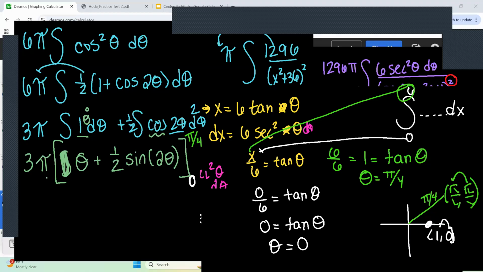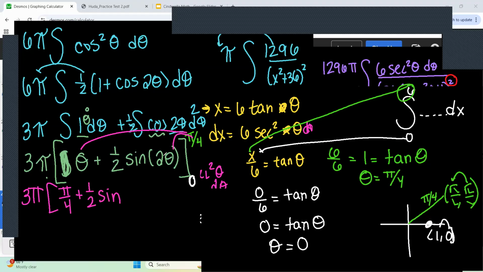Okay, so now we're ready to evaluate. Plug in pi over 4. So that's still 3 pi times pi over 4 plus 1/2 sine.